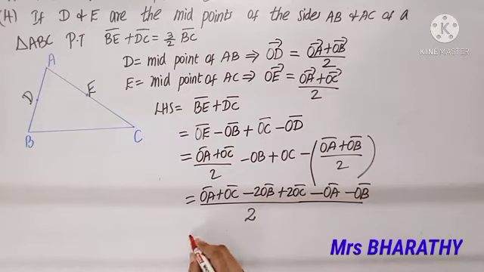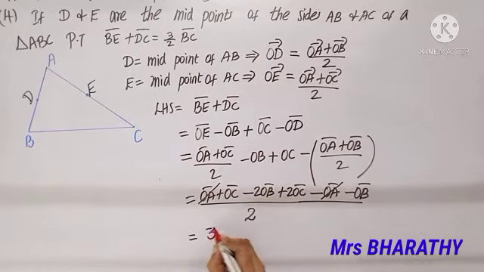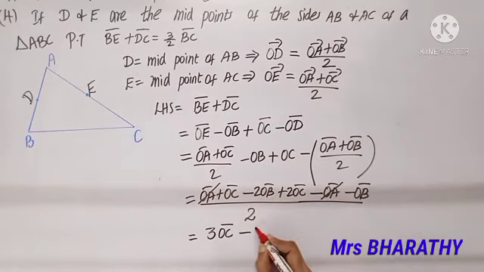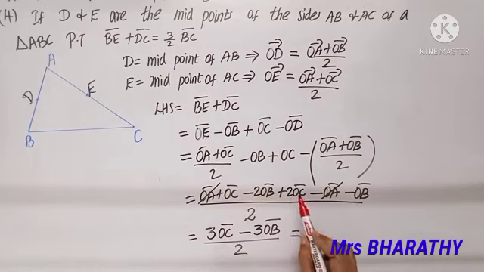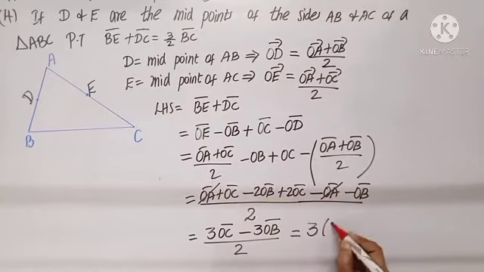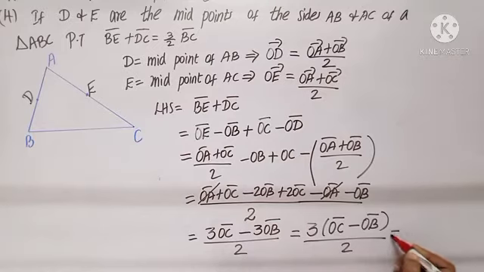As I simplify, OA minus OA cancels. 2OC plus OC is 3OC vector. Minus 2OB minus OB is minus 3OB vector, divided by 2. In both terms, 3 is common, so I can write 3 times OC vector minus OB vector by 2.